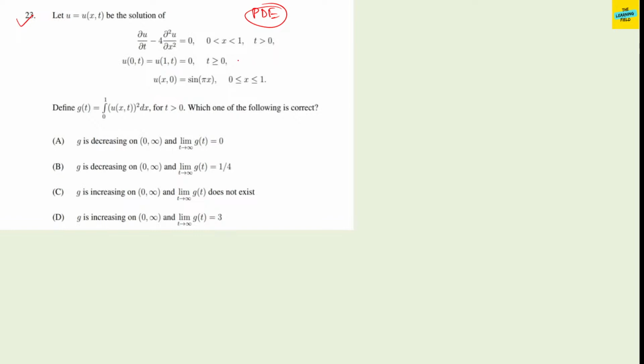Okay, so this is a heat equation. Fine, and u(x, 0) equal to f is present.